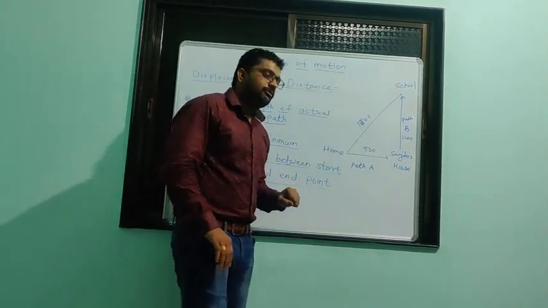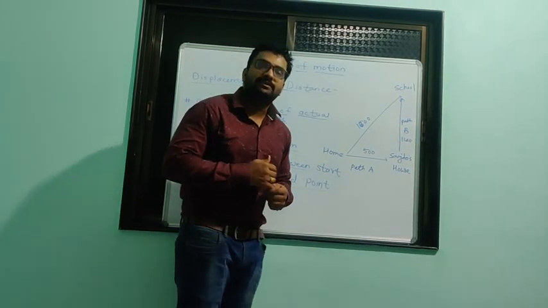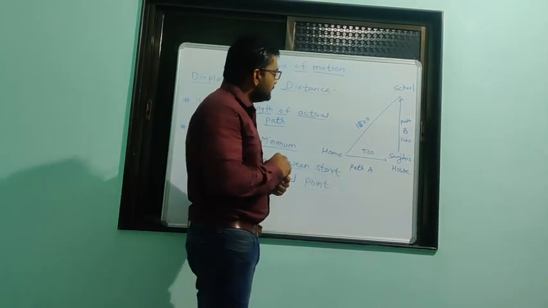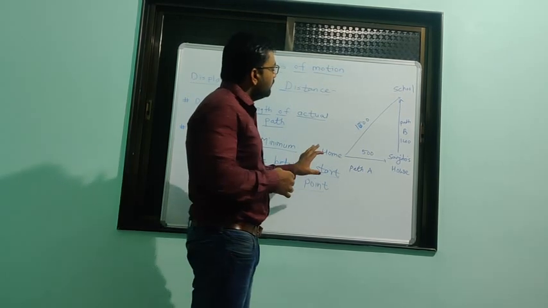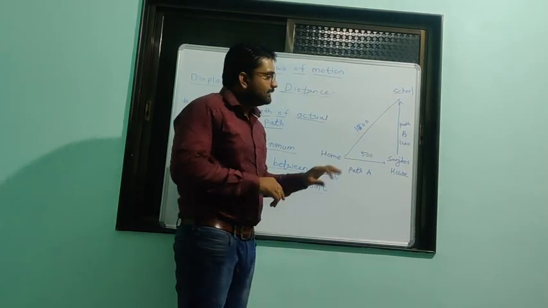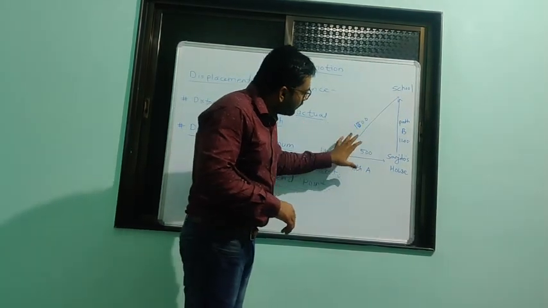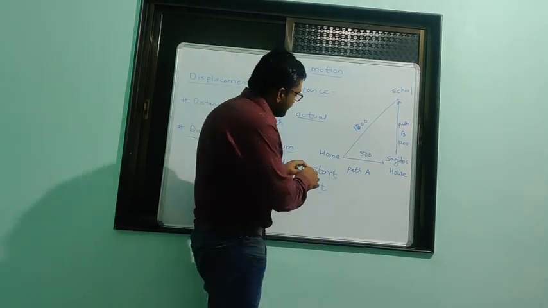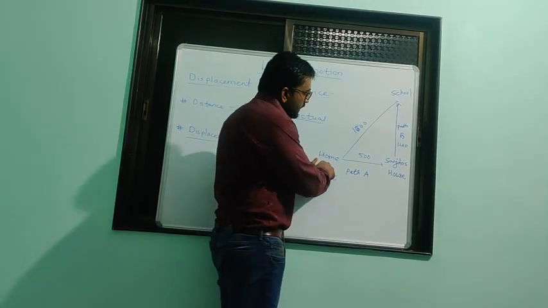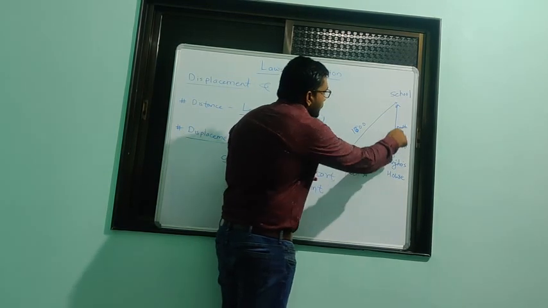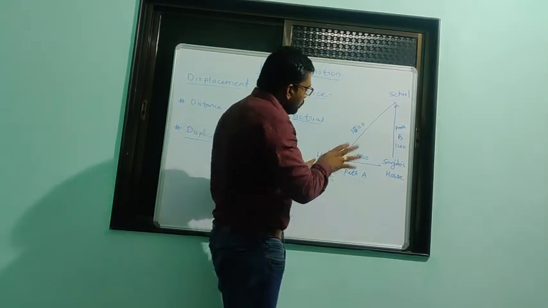Now look at, we have to see one example given in our textbook. Sheetal and Prashant go to school and here they show the path followed by them. This is their home, this is Sangeeta's house and this is school.